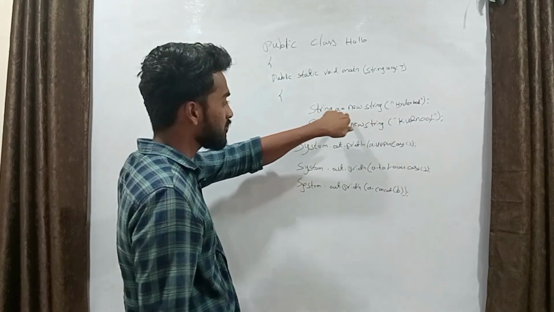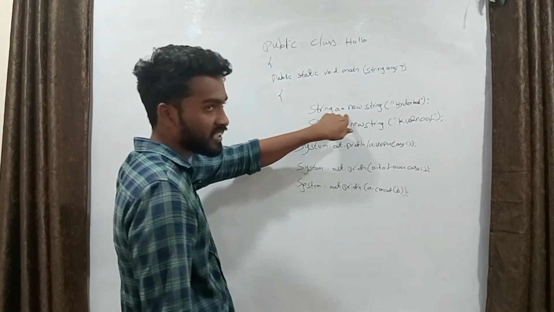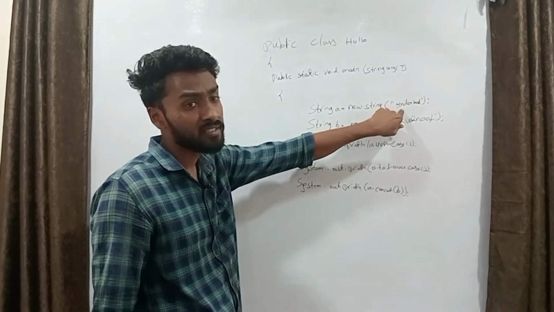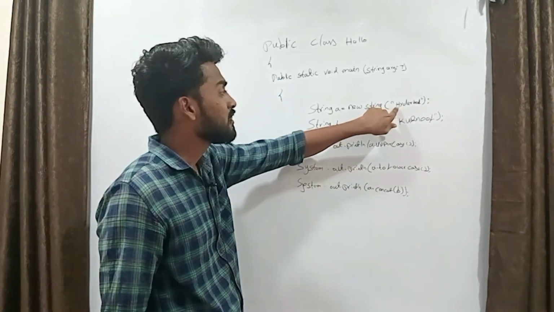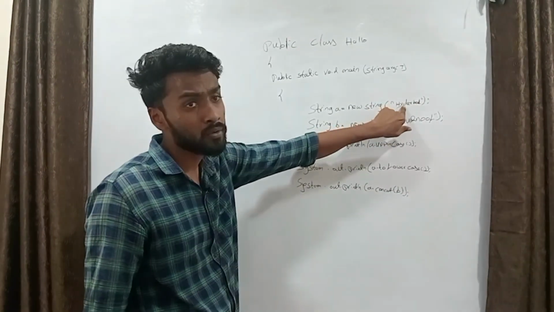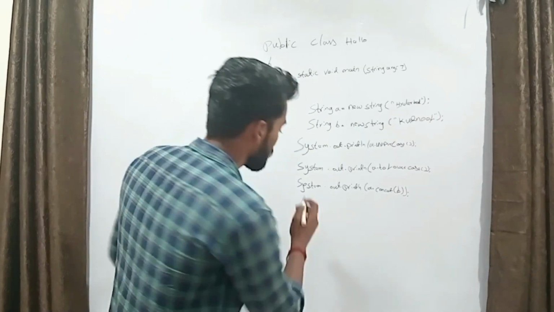In string A, I want D. D is at which index? 0, 1, 2. It is 2. We should print 2 in the printout.